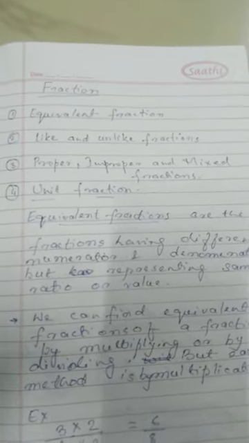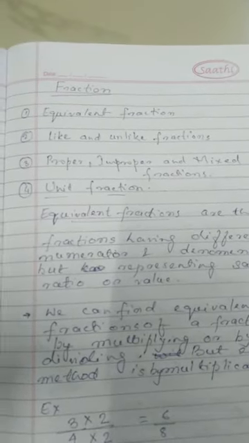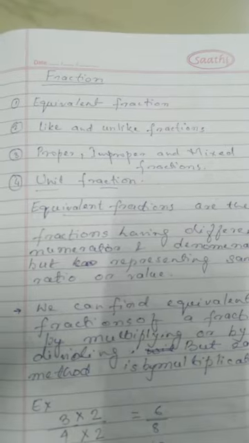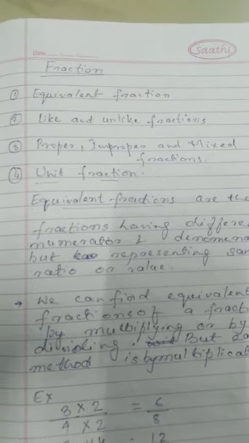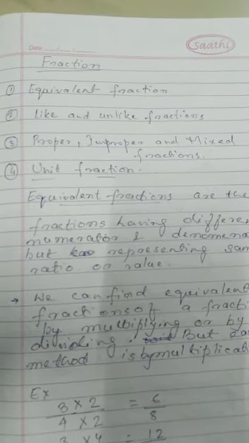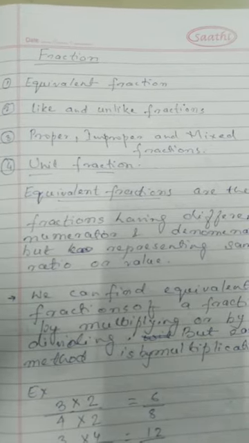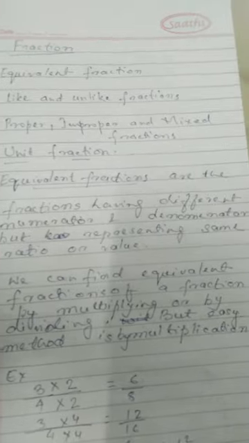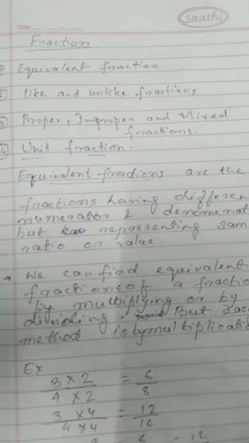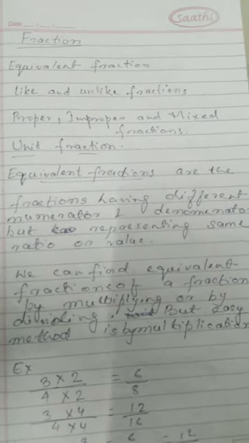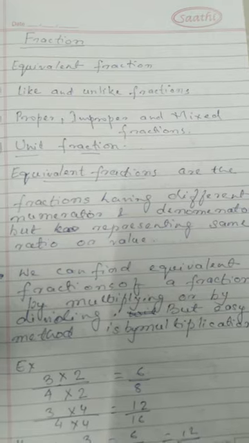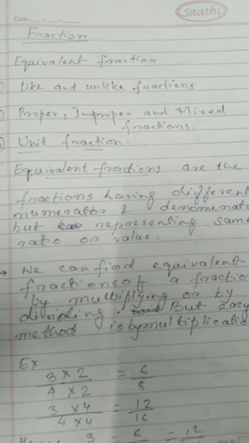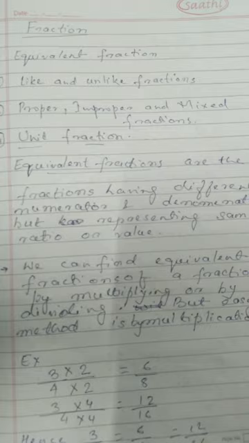Fraction. We can divide fraction into mainly four parts: equivalent fraction, like and unlike fraction, proper, improper and mixed fraction, and unit fraction. First, equivalent fraction. Equivalent fractions are fractions having different numerator and denominator but representing the same ratio or value.